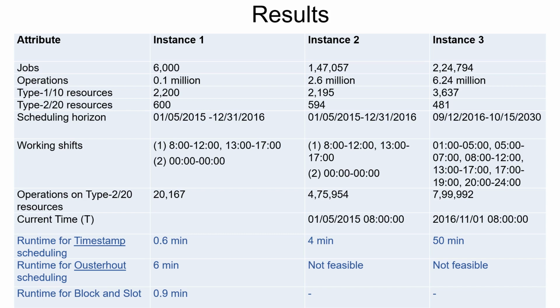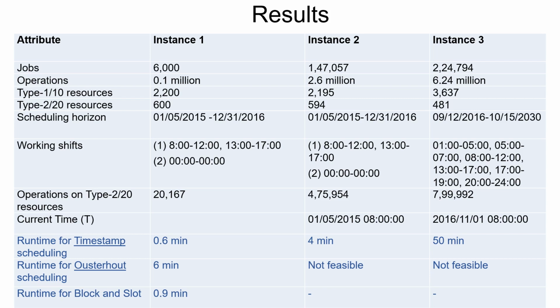The runtime for roster of matrix is 6 minutes for instance 1. We cannot implement it on instances 2 and 3 as these are very large instances. Creating such a large matrix is infeasible, but we can observe that the runtime has significantly reduced in the timestamp algorithm.